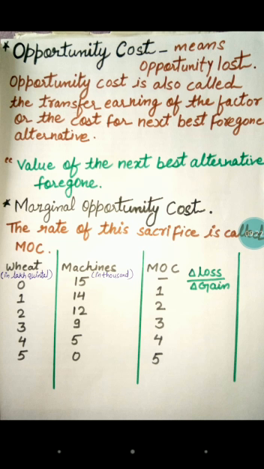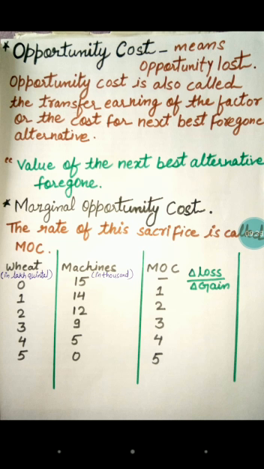So here we can say the opportunity cost for producing wheat will be 5,000. Opportunity cost is the wheat for rupees 5,000.